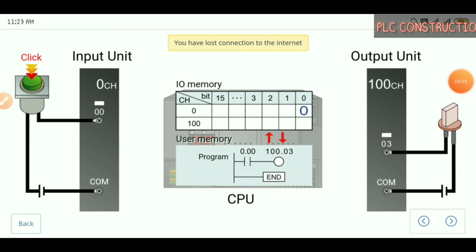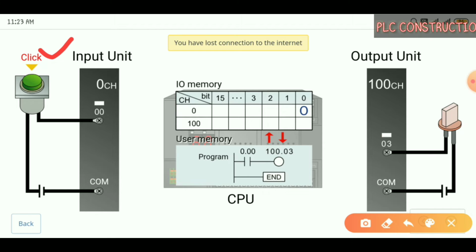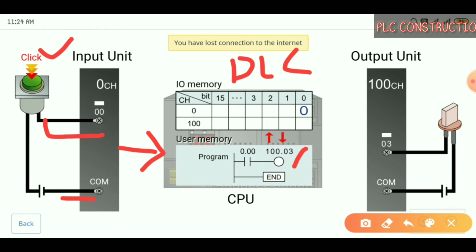Here is a simple example. Here is a push button. It is an input device, so it is connected to the input unit. From the input unit it goes to the CPU unit, connecting to the input side of that PLC. After confirming the ladder, it gives output to the output unit, and according to the address, it sends the signal to the output device.